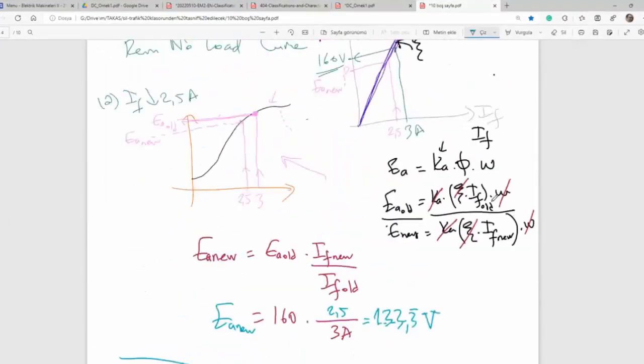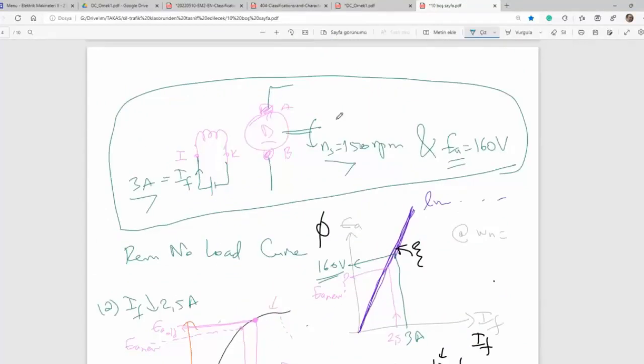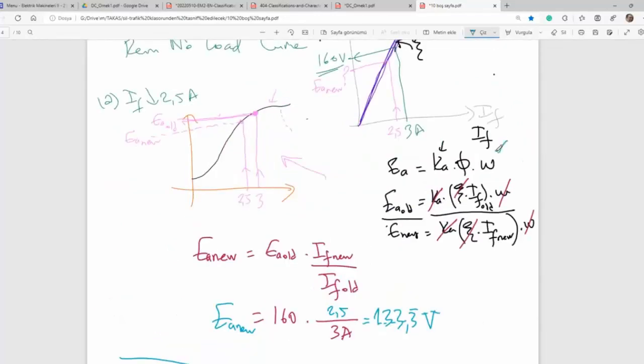Ladies and gentlemen, I have confused something. The problem gives speed in terms of RPM, but here I have written angular speed in terms of radians per second. Since they are identical, they will be eliminated.